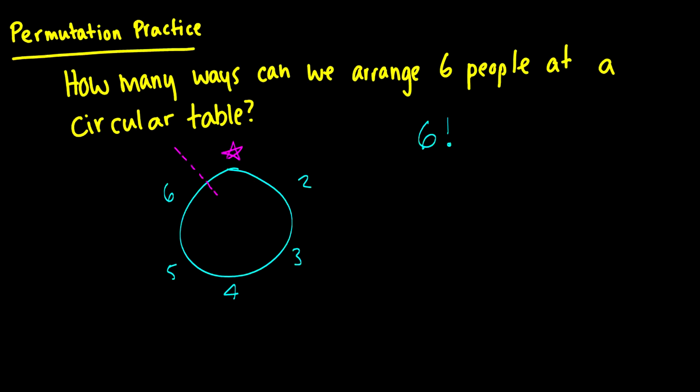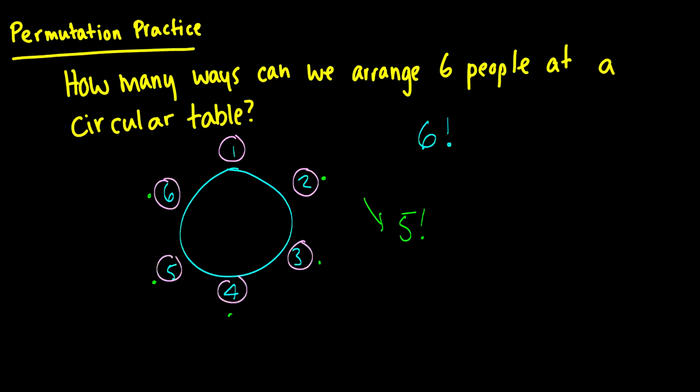And then we say, how many ways can we arrange the rest of the people? Now, this might be a little bit unintuitive, because now we're boiling down the problem to 5 factorial. Another intuitive way of seeing this is saying, what if we still had the 6 people and we arranged them like that, but now we consider the fact that this first person can start at 6 possible locations, and as long as the order stays the same, if everyone shifts over 1 position, it is still the same seating arrangement.